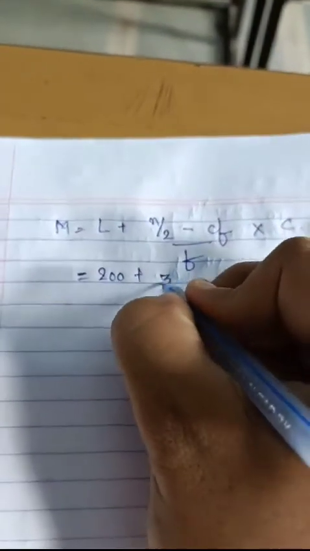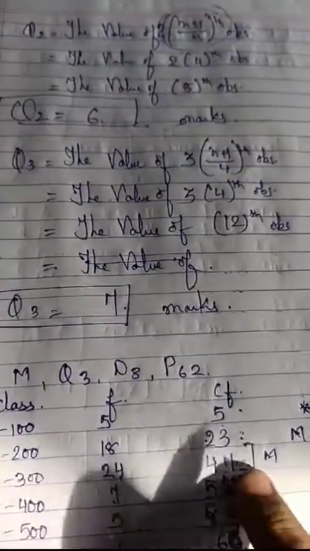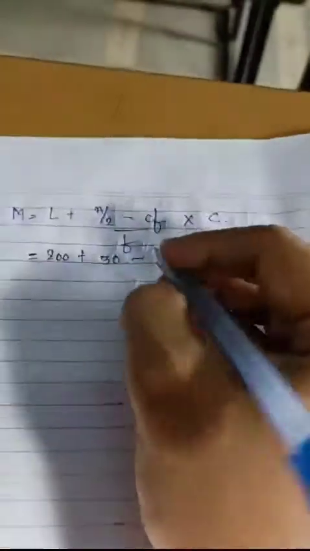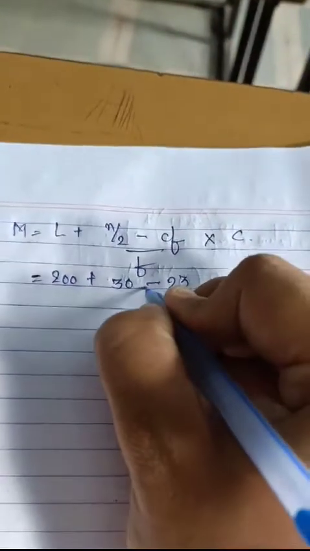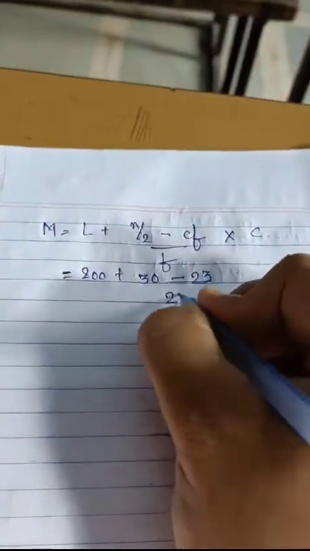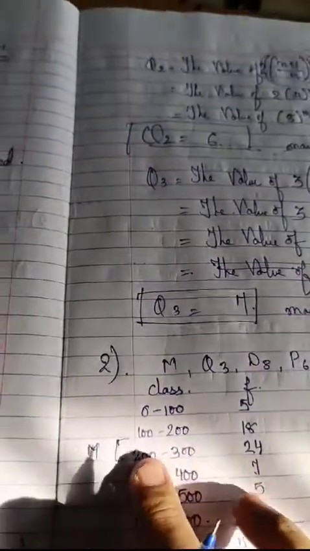So we write 200 in place of L, plus N by 2, which was 30, minus CF, the one before the selected class, that is 23, upon F of that particular class, that is 24, into C. What is the class length? 300 minus 200, 100.